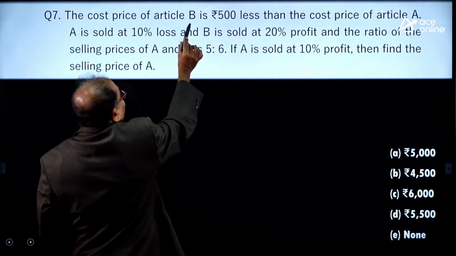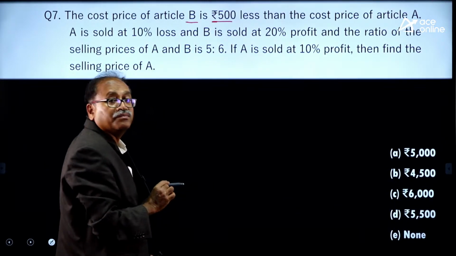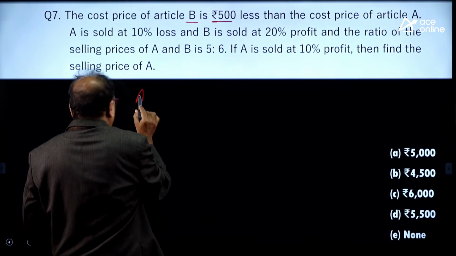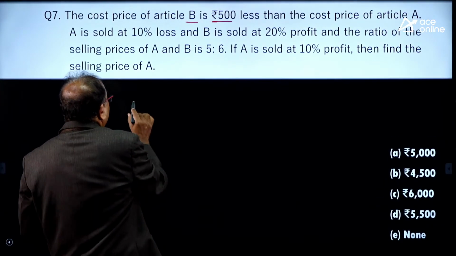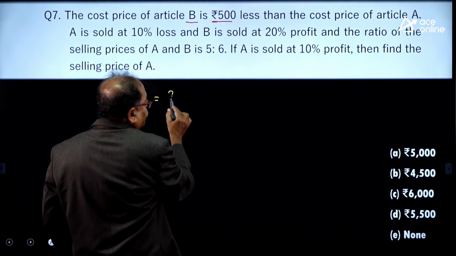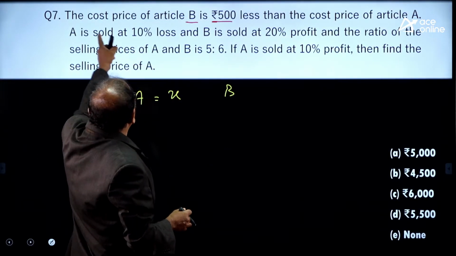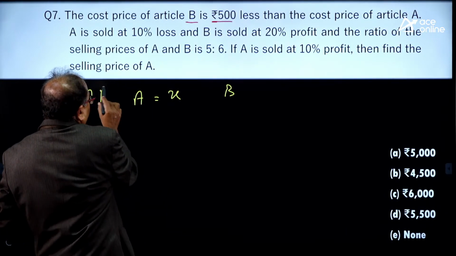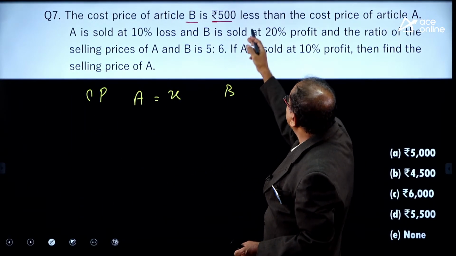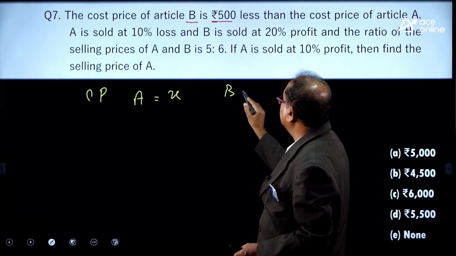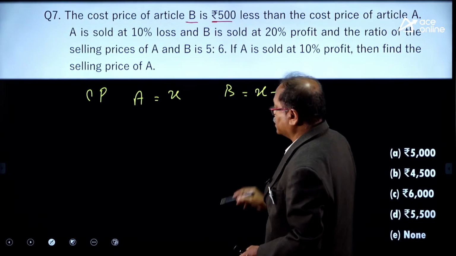The cost price of article B is 500 less than the cost price of article A. So, if article A is X, then the cost price of article B is 500 less. So, that means X minus 500, that is what is said in the question.